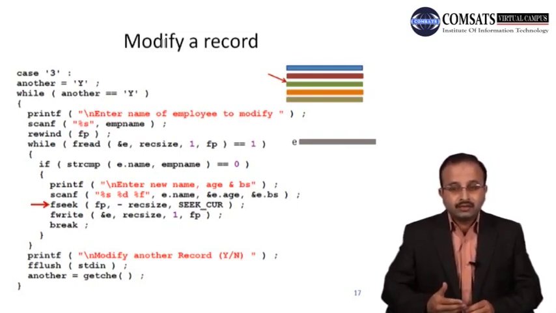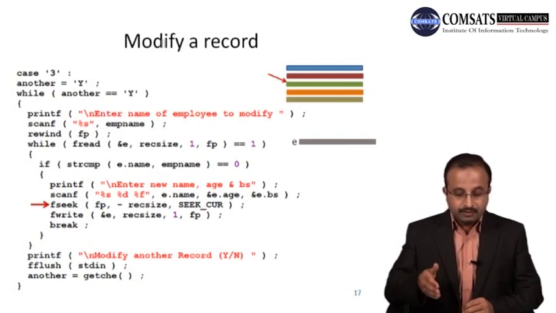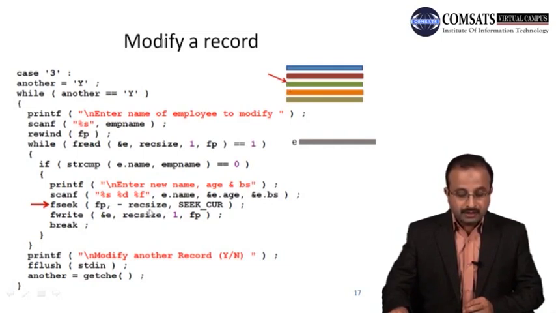Now you say that using fseek from the current position, so seek current is the current position of the file pointer, that is this one, that is at the beginning of the third record. Move the file pointer to rec size backward. Why backward? Because we have a negative sign over here. If the sign is positive over here, then the file pointer will be pointing to the next, this orange record. ठीक है?